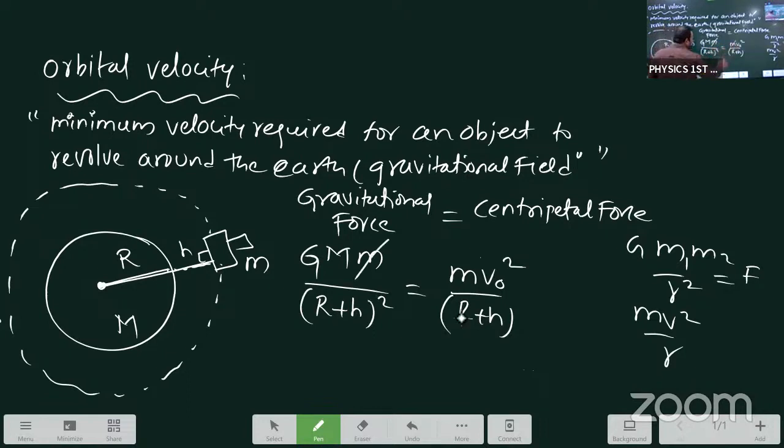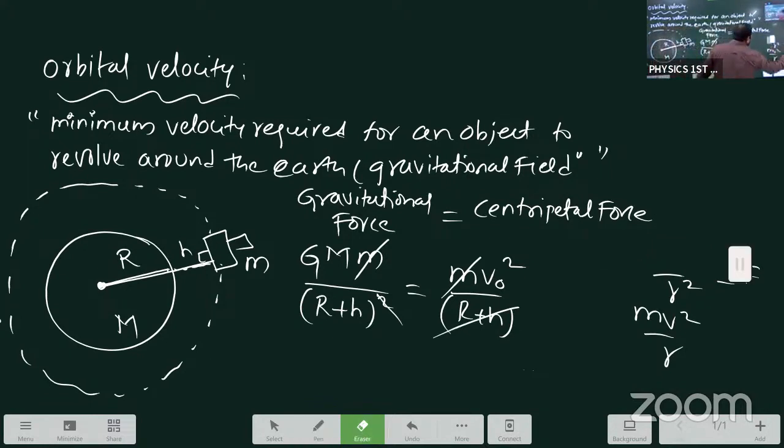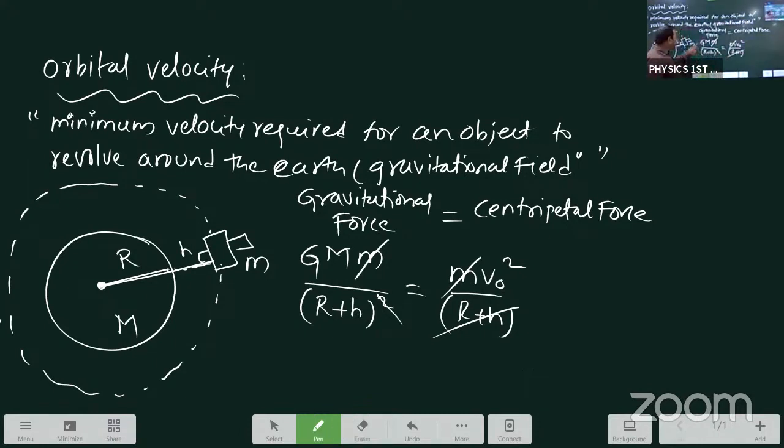Small m cancels, and one factor of R plus h cancels. Remaining: G M by (R plus h) on the left side, and VO square on the right side, where O stands for orbital velocity.